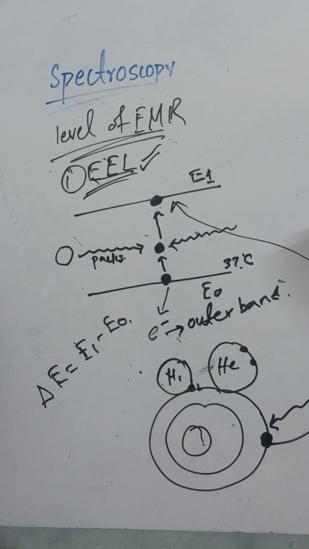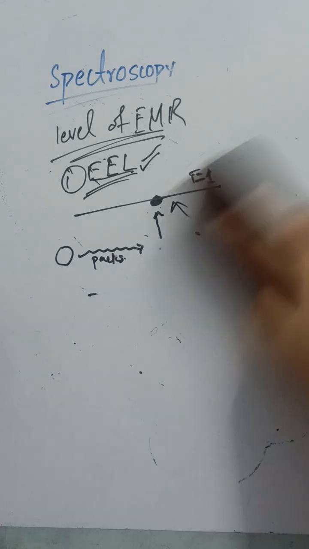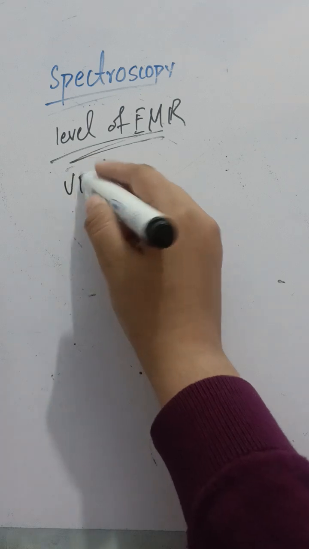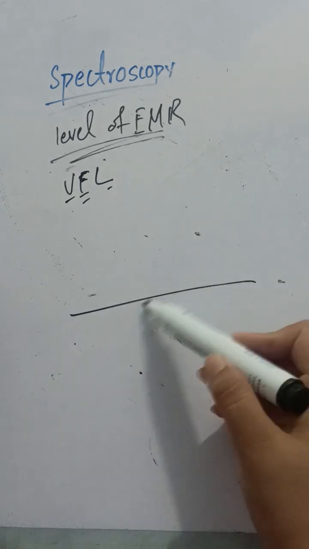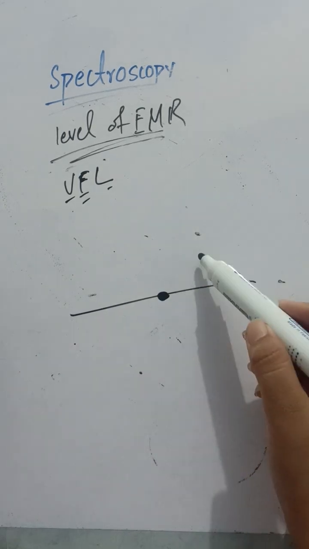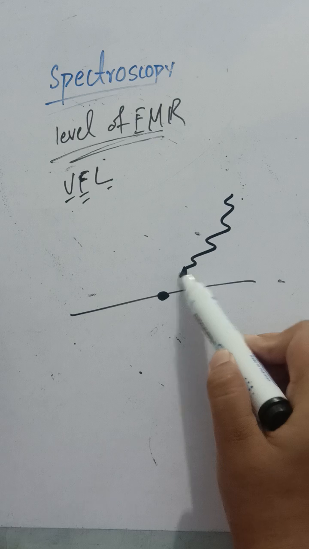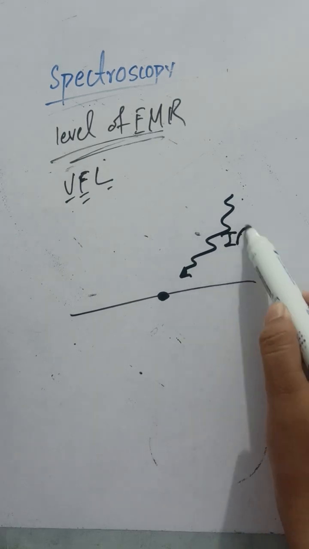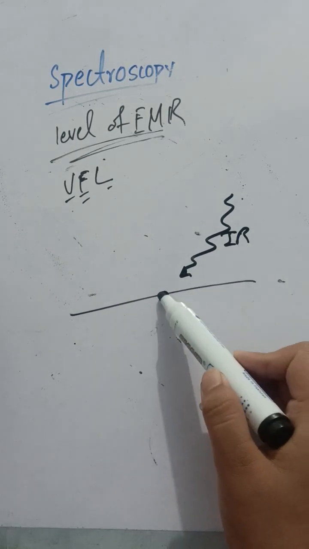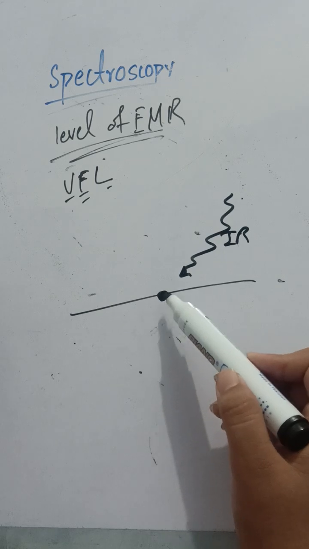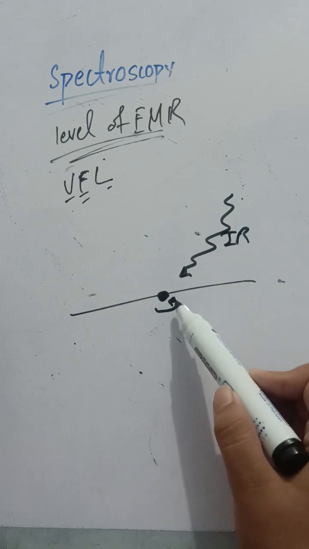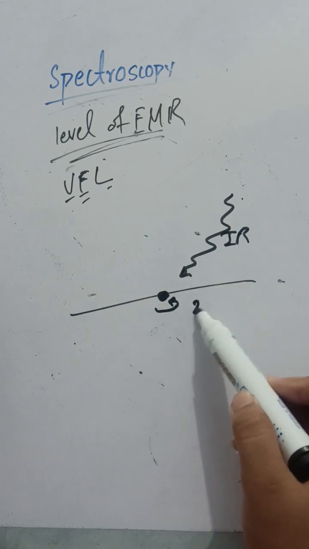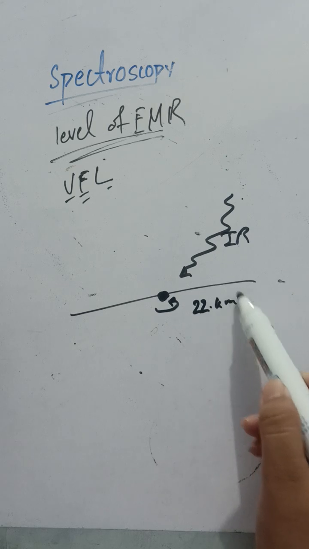Now we will move towards the second level of the EMR, which is the vibrational energy level, VEL. Here, when the strong IR radiation falls over your atom, they are at one vibrational level, rotating in this direction with a speed of, just suppose, 22 kilometers per hour.